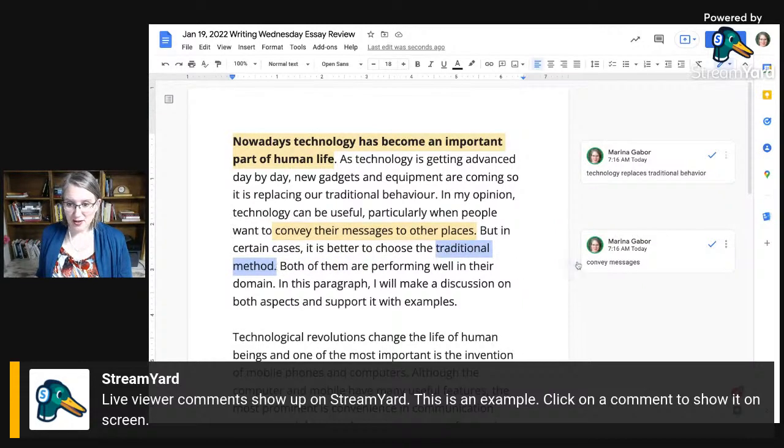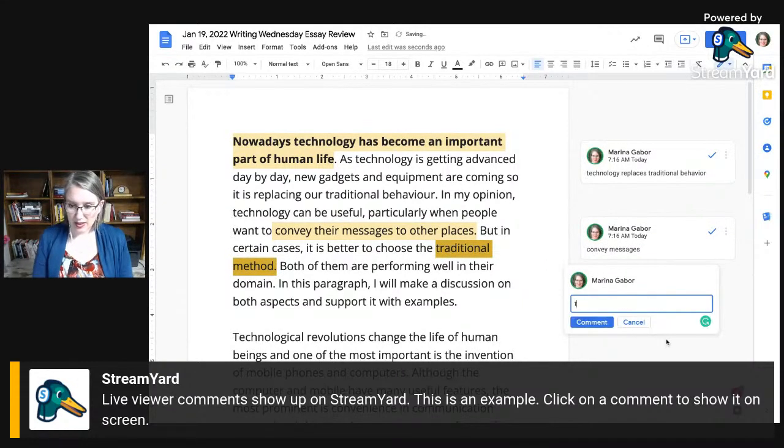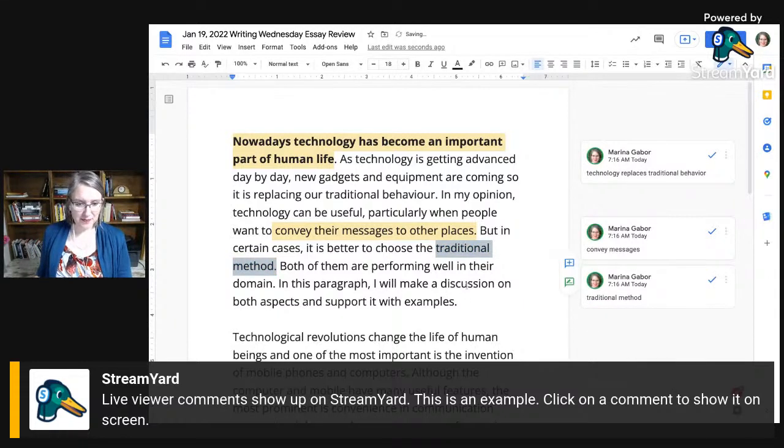So I am also assuming that they are going to talk about the traditional method. So I think they're probably going to compare and contrast some of these things to see to what extent they like or agree with the idea that technology is an important part of human life.